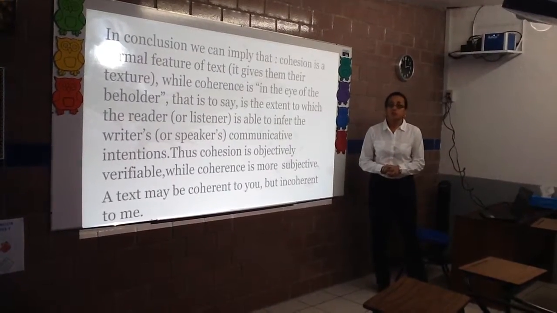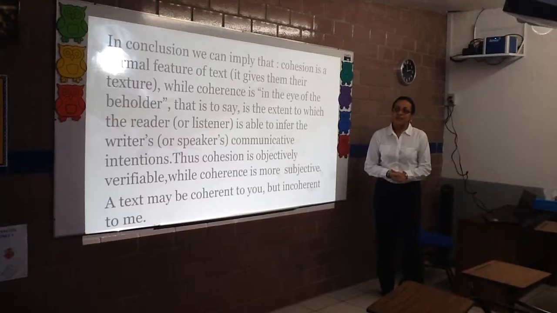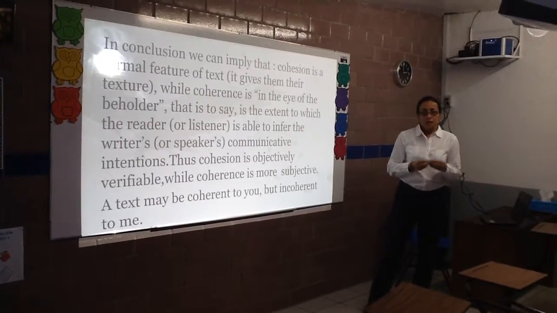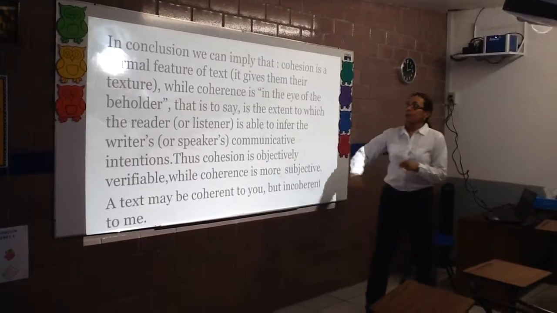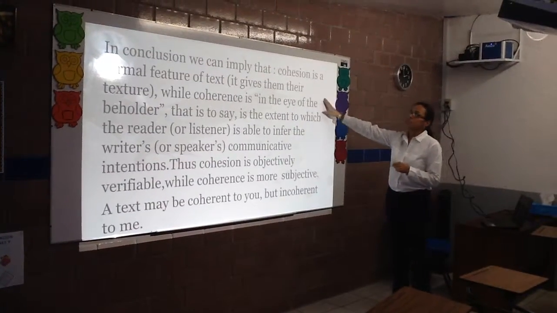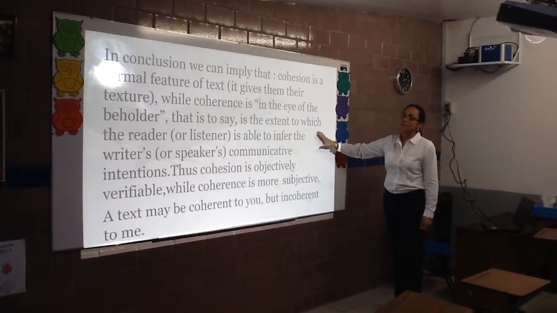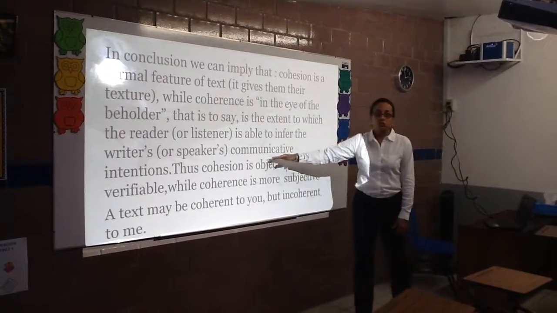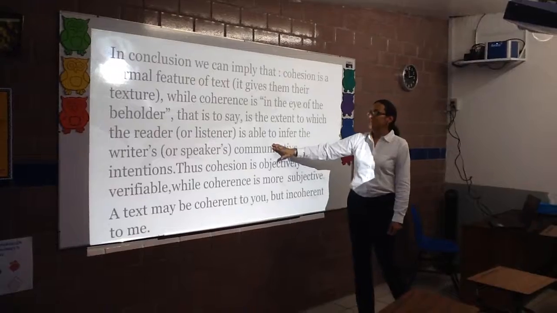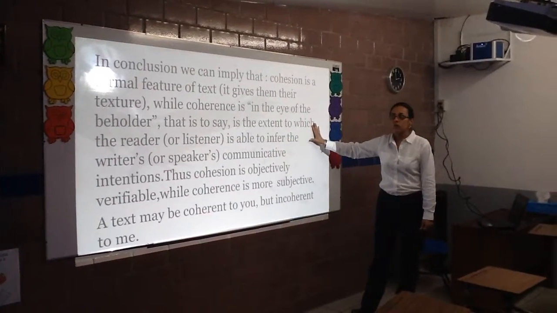So, in conclusion, we need to understand that writing goes hand in hand with coherence and cohesion. Why? Because cohesion is a formal feature of text. It gives it its texture, while coherence is in the eye of the beholder.